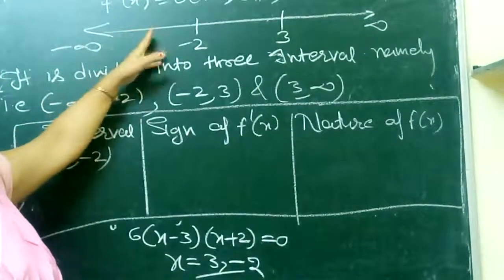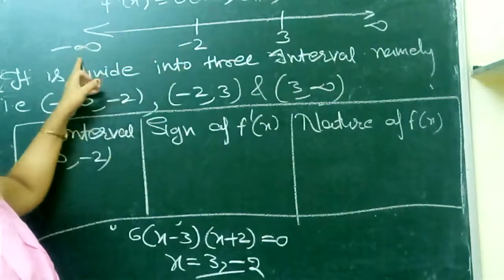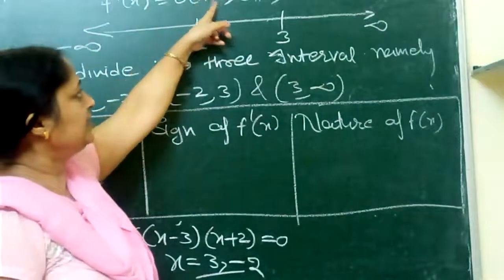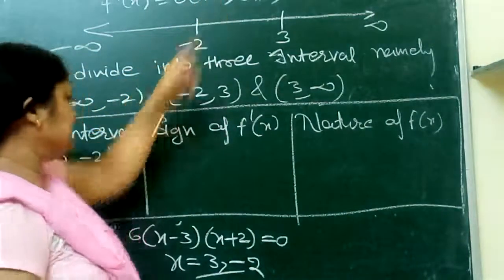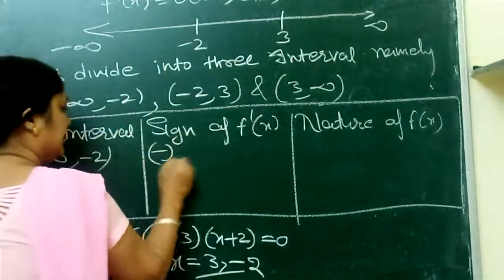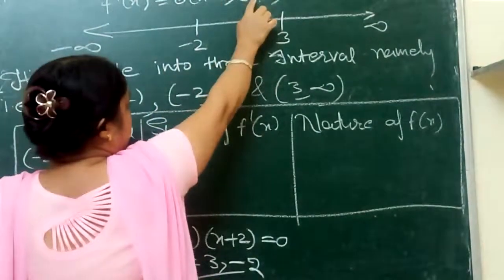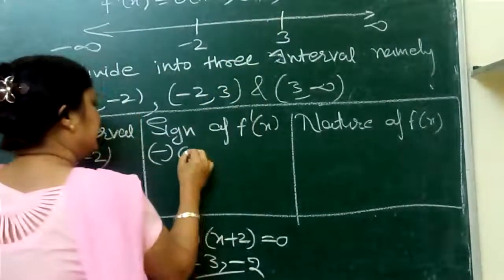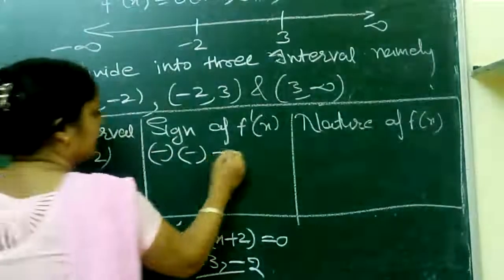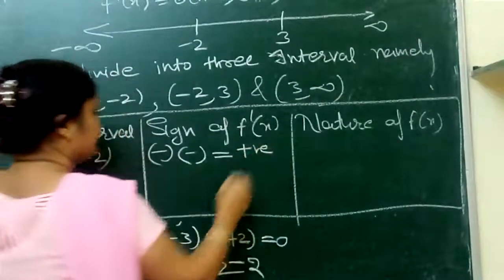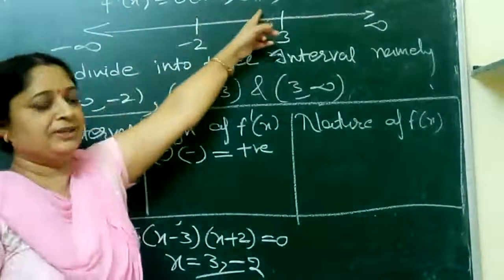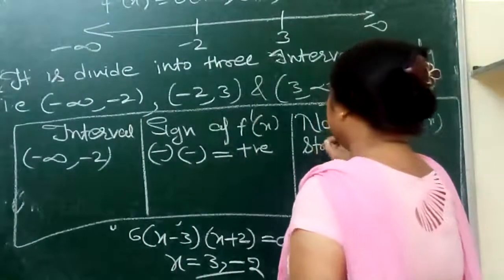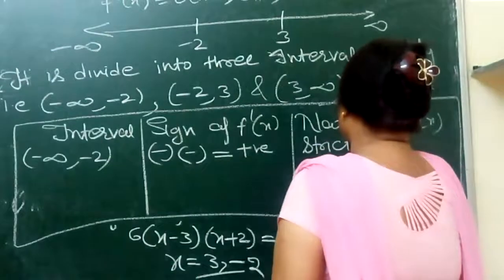You can take minus 4, any value between minus 2 and minus infinity. So we are taking minus 3. Then this term will come minus 3 minus 6, that is negative. And second, minus 3 plus 2 will come again negative. So negative multiplied with negative will come positive. So what is the nature of f of x? Strictly increasing, because it is coming positive. Strictly increasing.